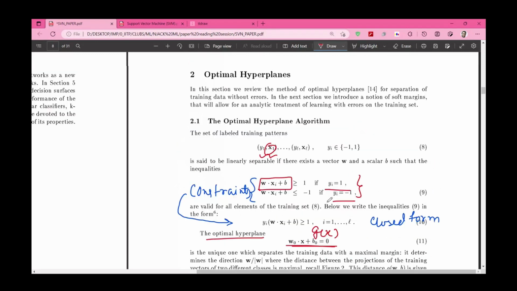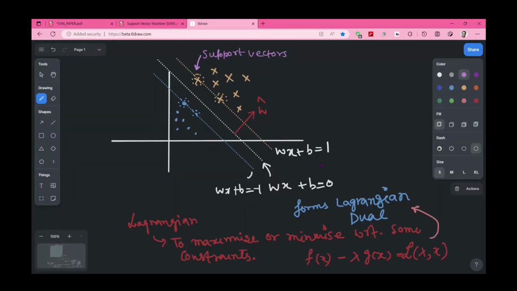So now you can see that if we take this to be the optimal hyperplane, in 3 dimensions, or according to the vector notation, the w vector will be perpendicular to that plane, and it will be moving outward. If we calculate this distance, it is actually 1 by mod of w, whatever this w is. The distance between them will be 1 by mod of w, and the total margin that we have is 2 by mod w.